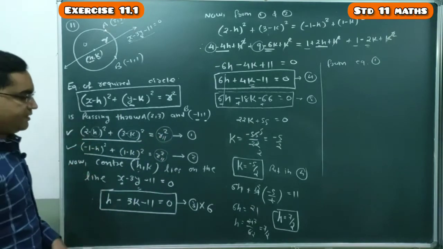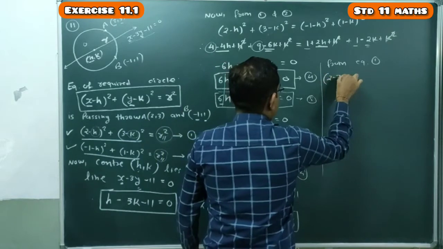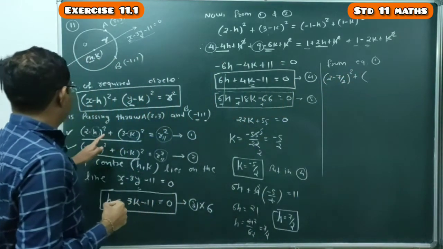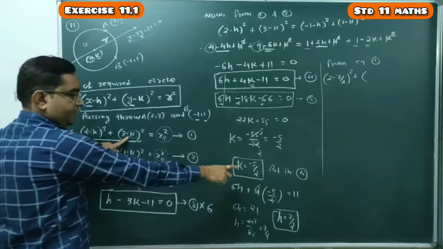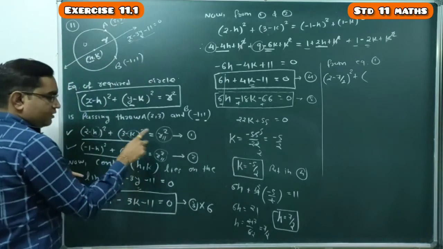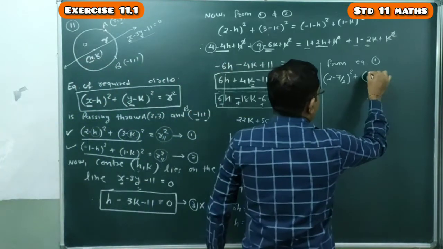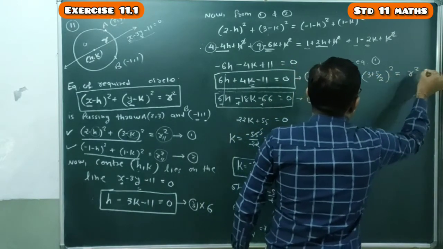So 2 minus h, and h is 7 by 2. It's 2 minus 7 by 2 whole square plus 3 minus k. K is minus 5 by 2, so minus minus plus. So it's 3 plus 5 by 2 whole square equal to r square.